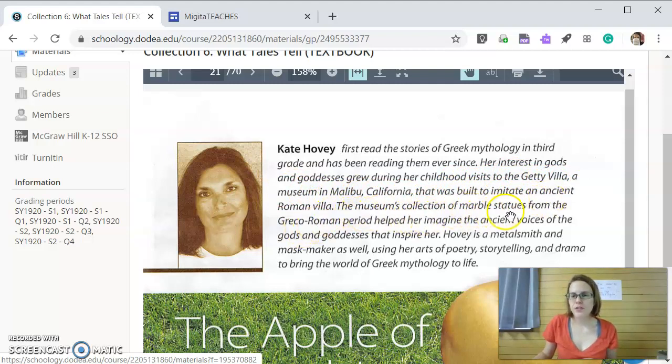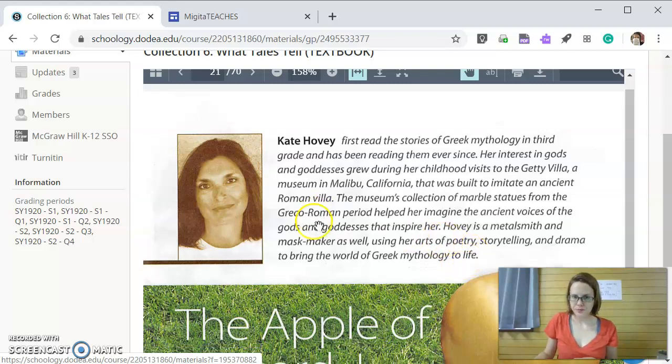The museum's collection of marble statues from the Greco-Roman period helped her imagine the ancient voices of the gods and goddesses that inspire her. Hovey is a metalsmith. Ooh, cool. She makes stuff out of metal, and a mask maker, as well as using her arts of poetry, storytelling, and drama to bring the world of Greek mythology to life.